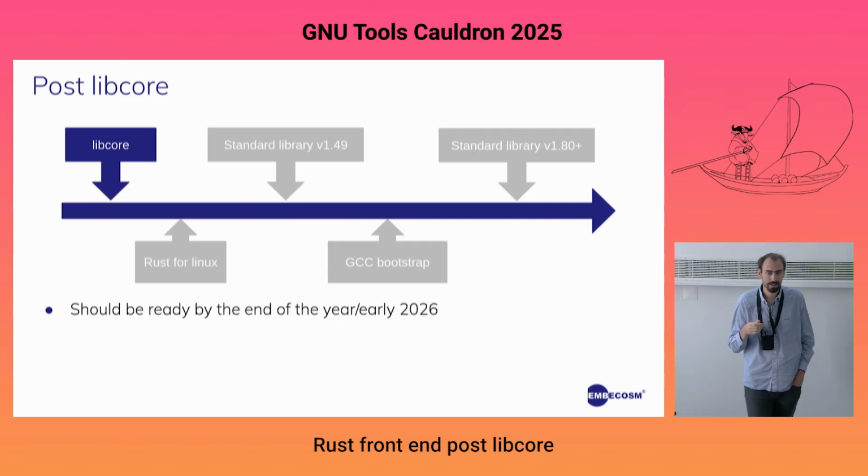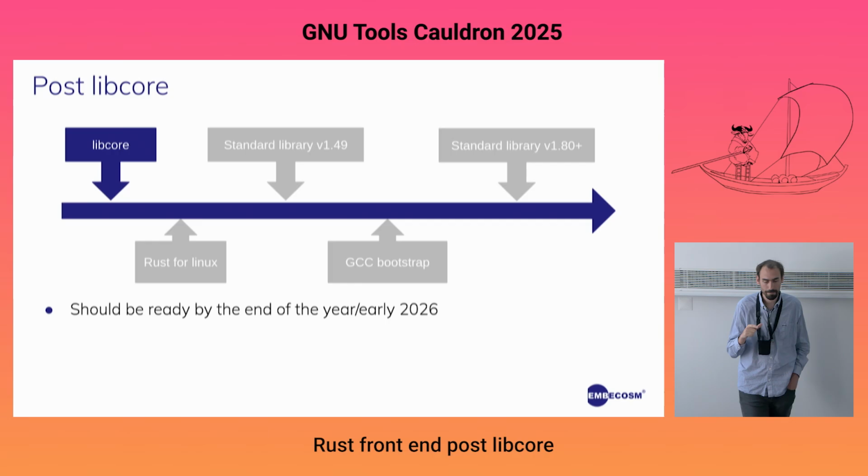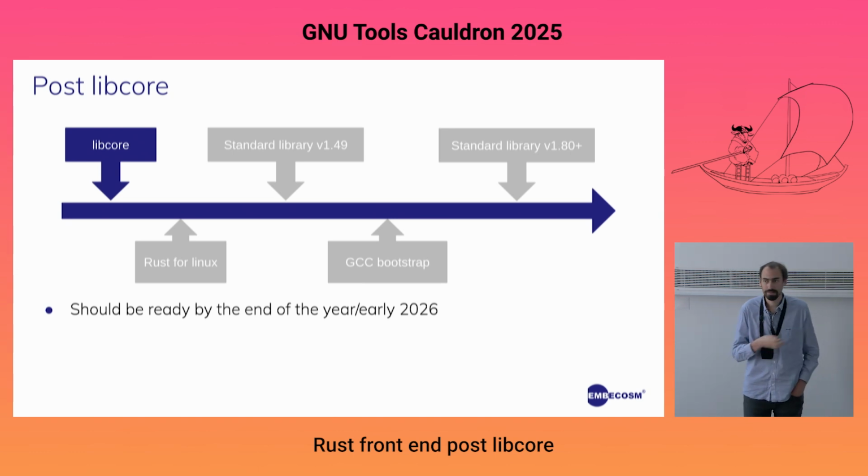We do not mean actually compiling it correctly. By the end of the year, we think we will be able to have libcore accepted by the compiler, but there will be some additional work required to ensure that everything is compiled correctly and that it's not utter garbage thrown by the compiler in the assembly output.